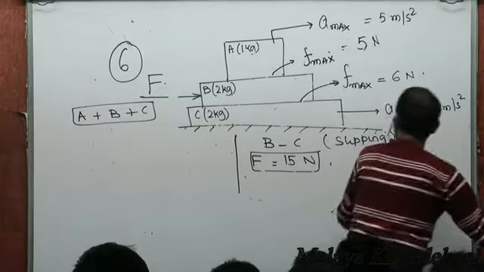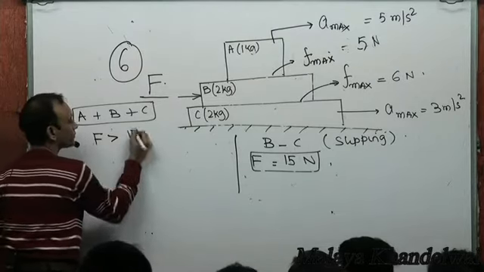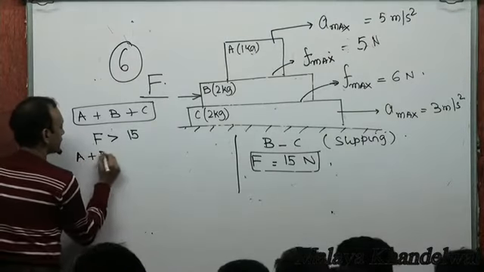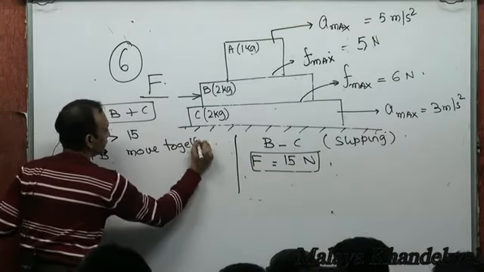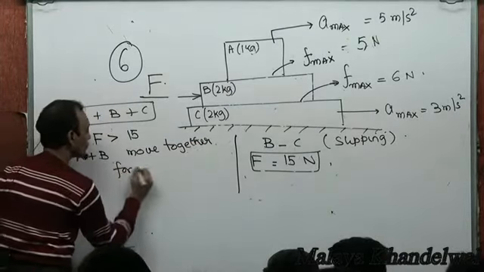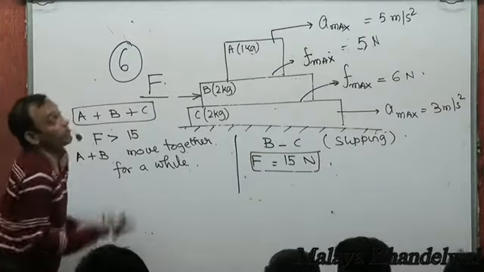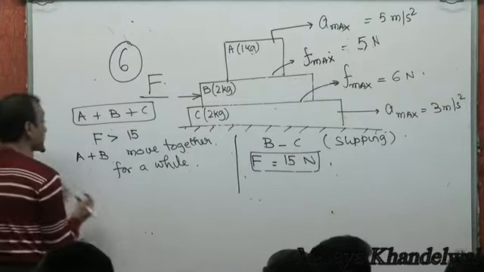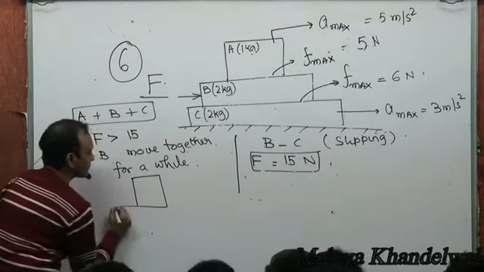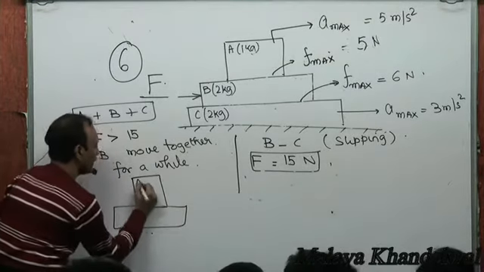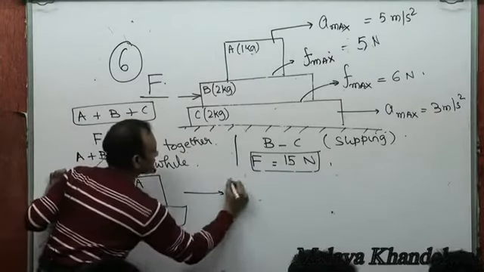So, say for F greater than 15 newtons, A and B move together for a while, until their common acceleration becomes 5 meters per second squared. Now, how much beyond 15 newtons? So, look at A and B. A, this is B. Their common acceleration becomes 5 meters per second squared.